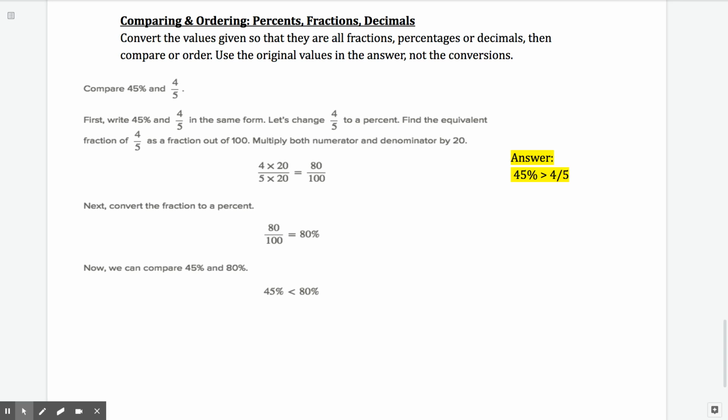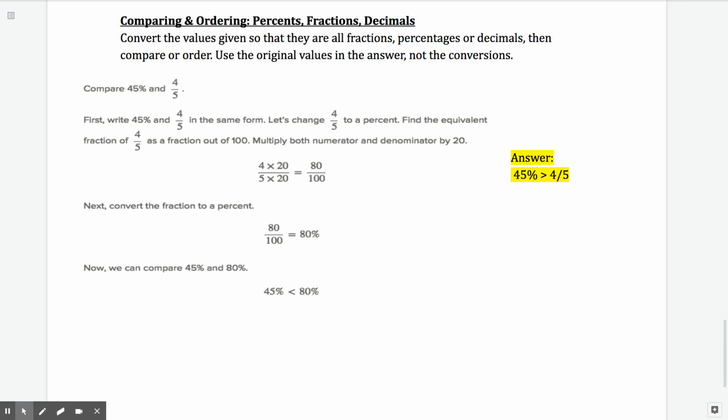So I don't need to do 4 divided by 5. I can just go quicker and just do an equivalent fraction. So 5 times 20 gets me 100. 4 times 20 gets me 80. Now I have 80 over 100. Well, again, 80 out of 100. That means 80%.